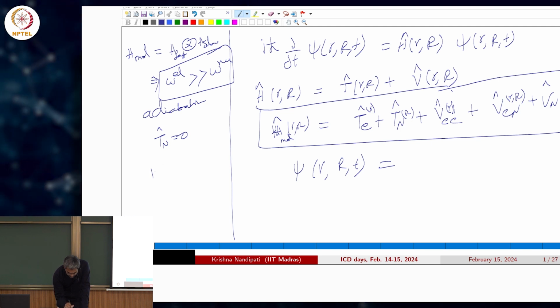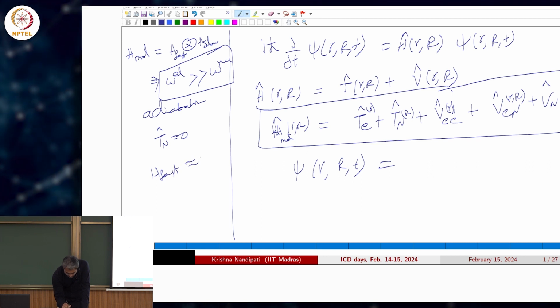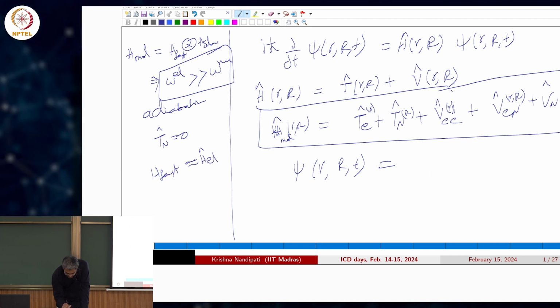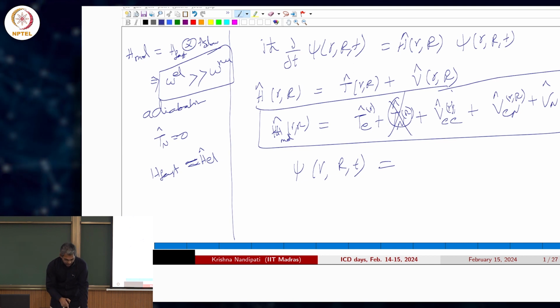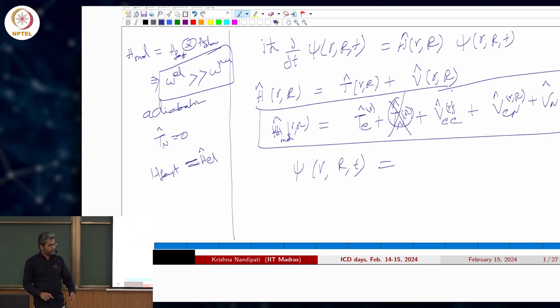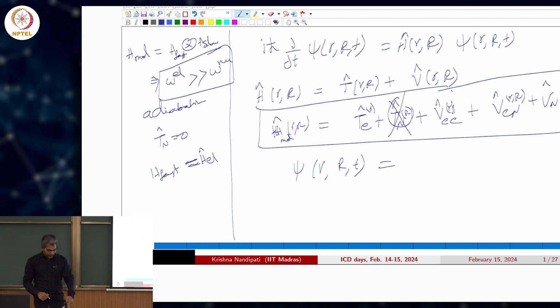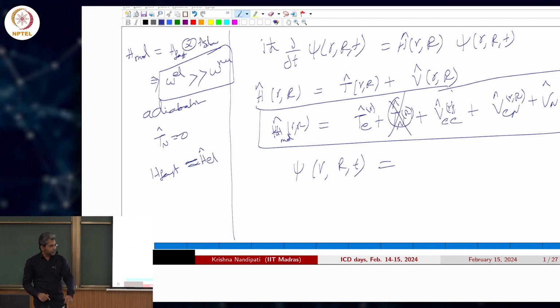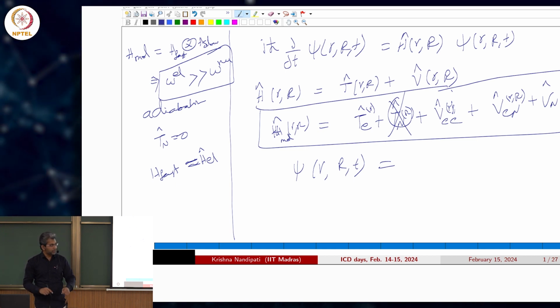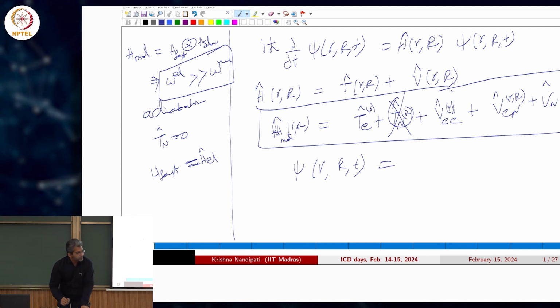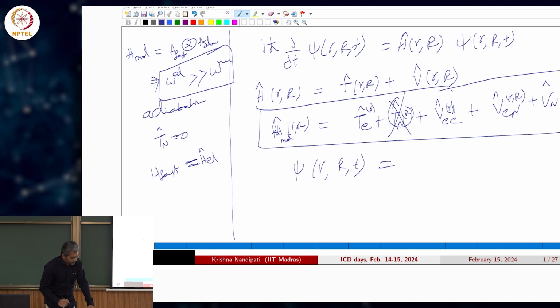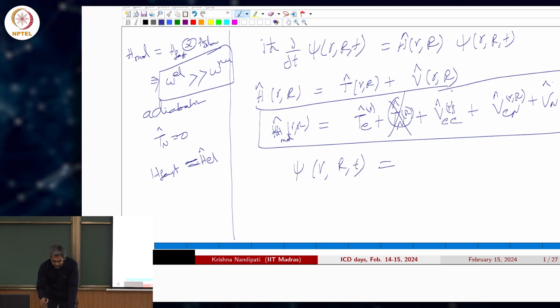The electronic part, except for this nuclear kinetic energy term. So the spectrum of H fast can be given by the eigenfunctions of this particular Hamiltonian, if we keep the nuclear framework fixed. V_NN is not removed.